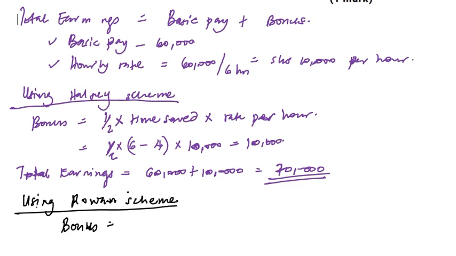Now under Rowan, the bonus equals the time saved over the time allowed, then times the time taken, times our rate per hour.